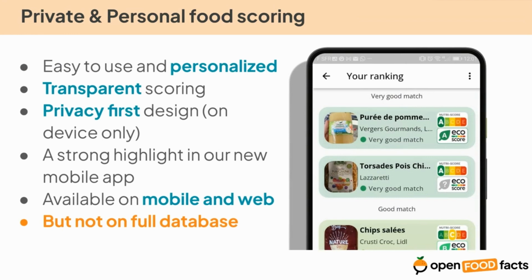We want it to be transparent. We want it to be privacy first, because your choices about alimentation are yours and shan't be public. Today we have it, but it's not on the full database. So we want to make it on the full database, and it's currently about to be done.